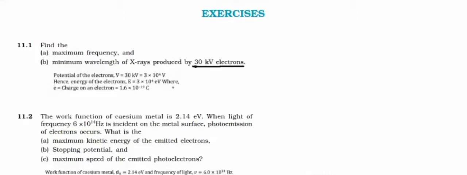Now first of all, we have to find the maximum frequency. Frequency, we can use the formula E is equal to h nu, and in this case energy will be eV. E is electronic charge, V is 3 into 10 power 4 volt.